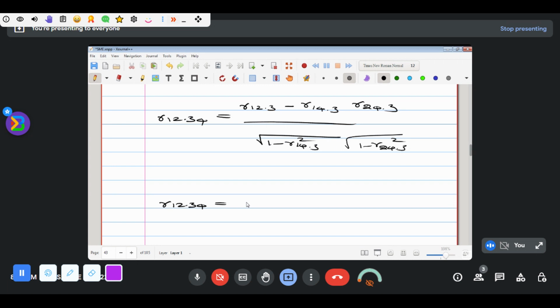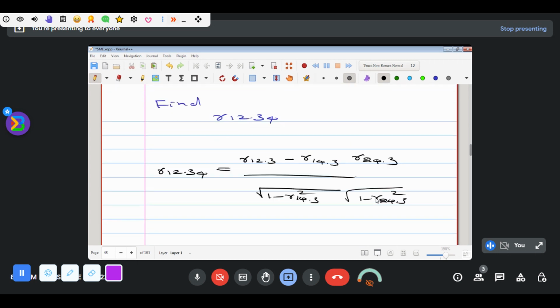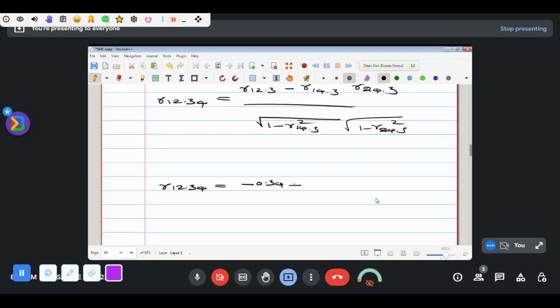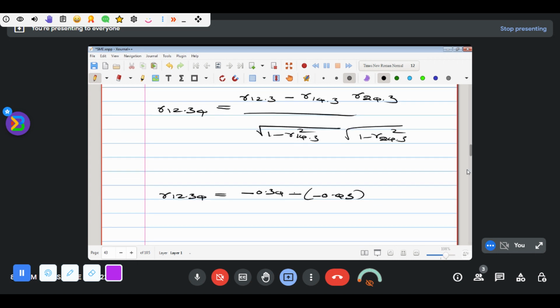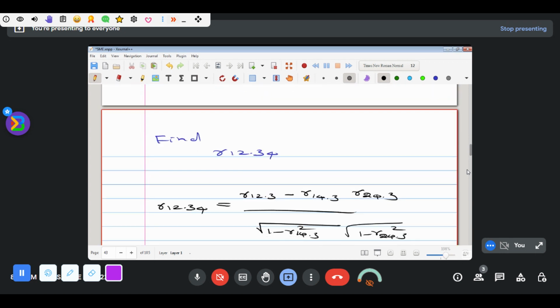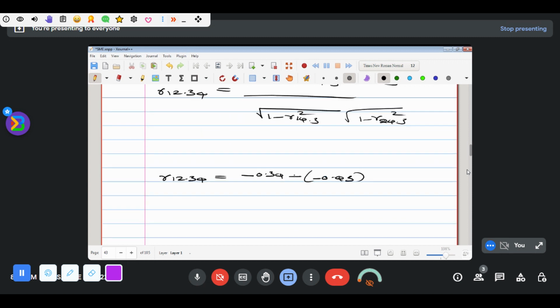R12.34 equal to minus 0.34 minus R14.3, which is minus 0.43, into R24.3, which is the positive value 0.187, divided by root of 1 minus R14.3 squared, this one, and root of 1 minus R24.3 squared, this one.